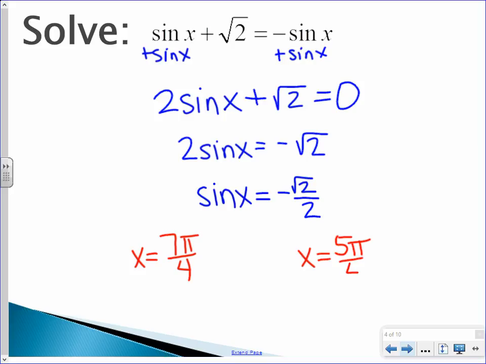Okay, so we have two places, 5 pi over 4 and 7 pi over 4, where the sine is negative radical 2 over 2. And then we will add plus the period times n to those solutions to describe that this is going to happen every period of that function.